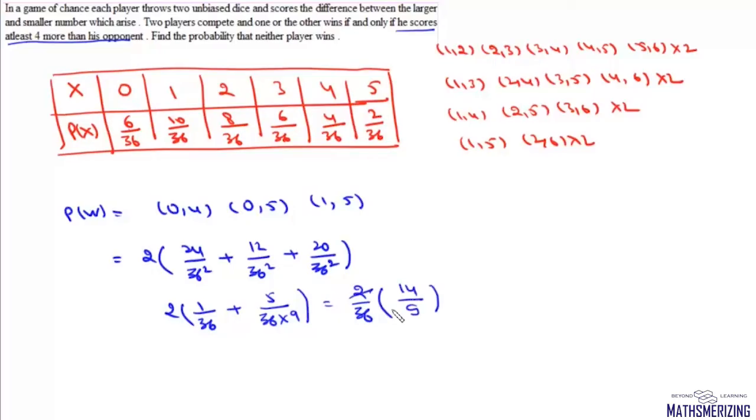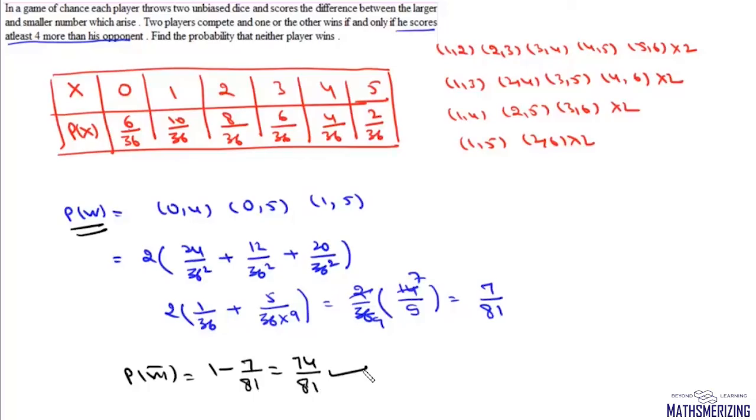Now this is 2, and this is 7, and this is 9. So it will be simply 7 by 81. Now we need to find the probability that neither of them wins the match. So it will be this probability of W0, and that will be 1 minus 7 by 81, and that will be simply 74 by 81, and that is the answer to this question.